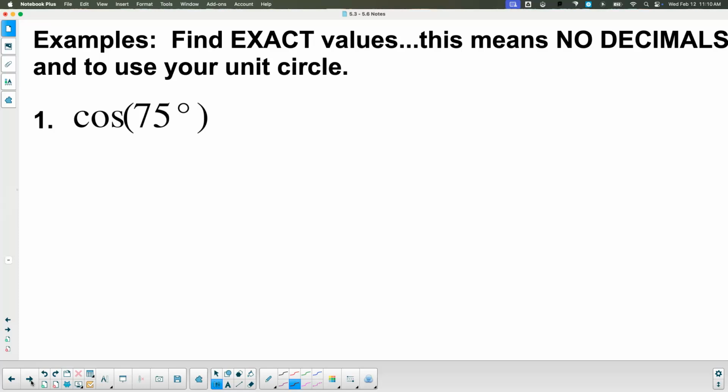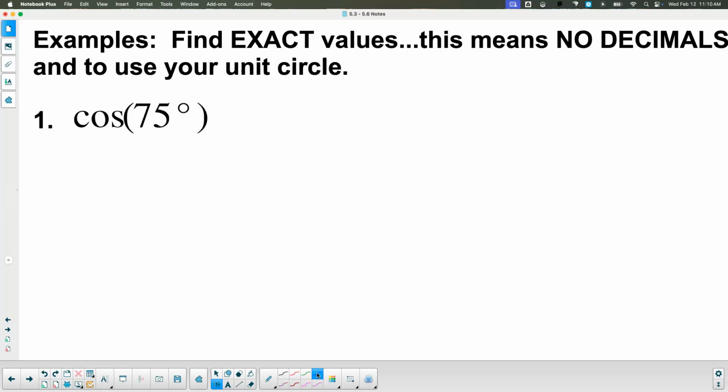For instance, 75 degrees is not on the unit circle. So, what two unit circle angles add or subtract to give me 75? 15 is not on the unit circle. 45 and 30 works out though, if I add them.